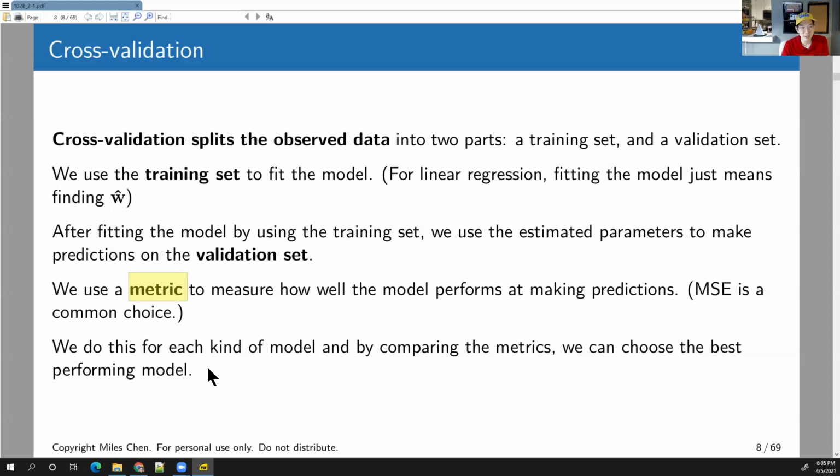A common choice is the mean squared error, which we use to measure whether our model did a good or bad job of predicting. Other choices exist as well. We do this for every model that you want to test, then compare the metrics at the end of the day and choose the best performing model from there.